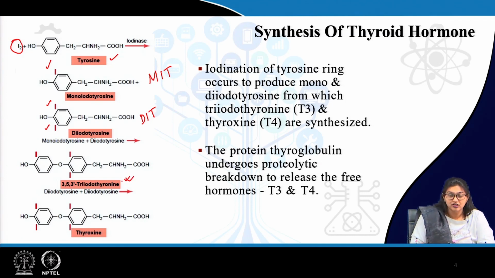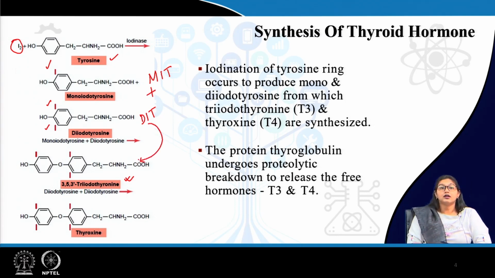Then finally, thyronine formation. When monoiodotyrosine joins with diiodotyrosine, it forms triiodothyronine, not tyrosine. It forms triiodothyronine. Please concentrate on the name. There are 3 iodinations, but there are 2 tyrosine residues.